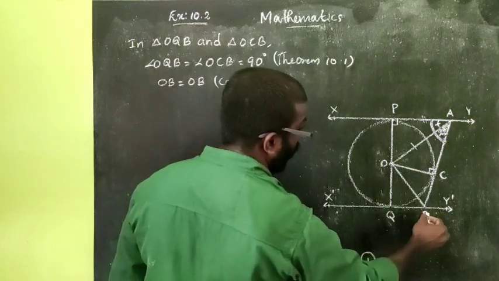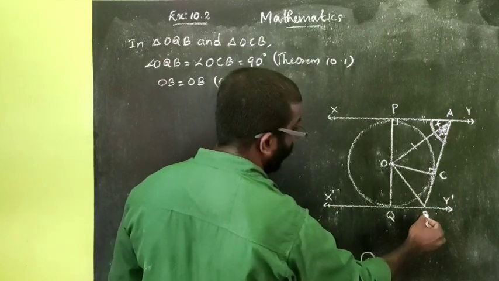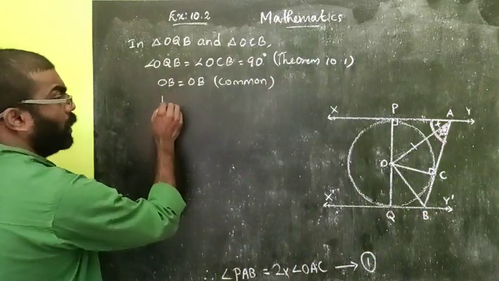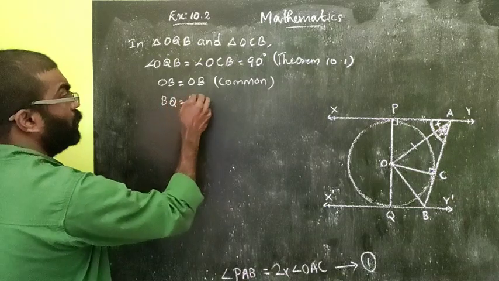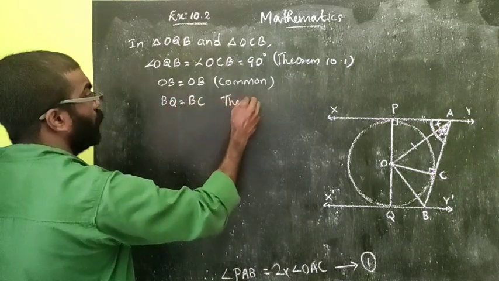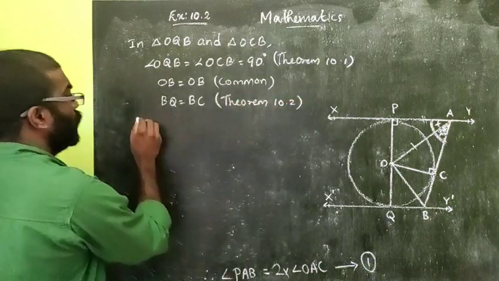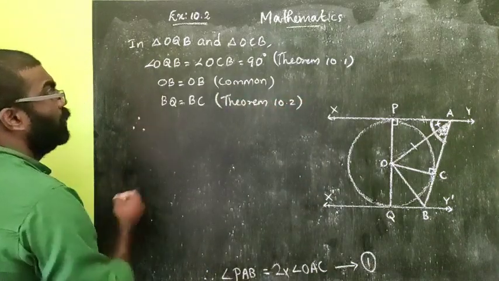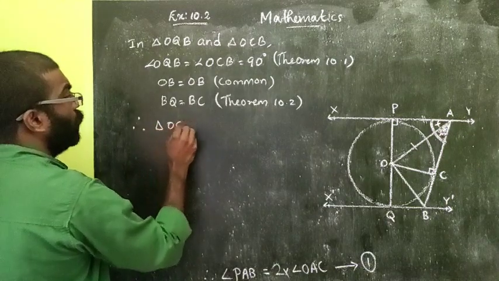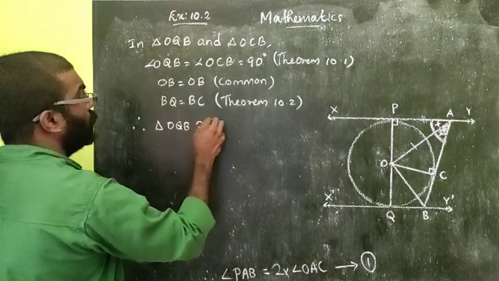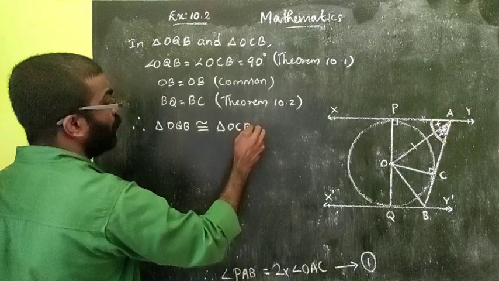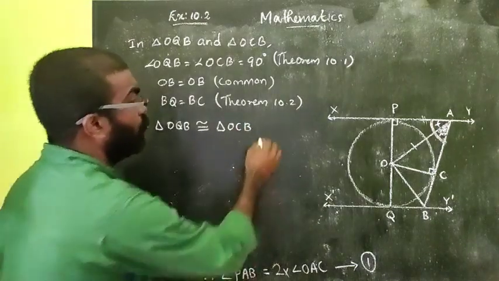Here BQ and BC are tangents from the external point B. So we can write BQ is equal to BC by theorem 10.2. The lengths of tangents drawn from an external point of a circle are equal. Therefore, triangle OQB is congruent to triangle OCB by which rule? RHS congruence rule.